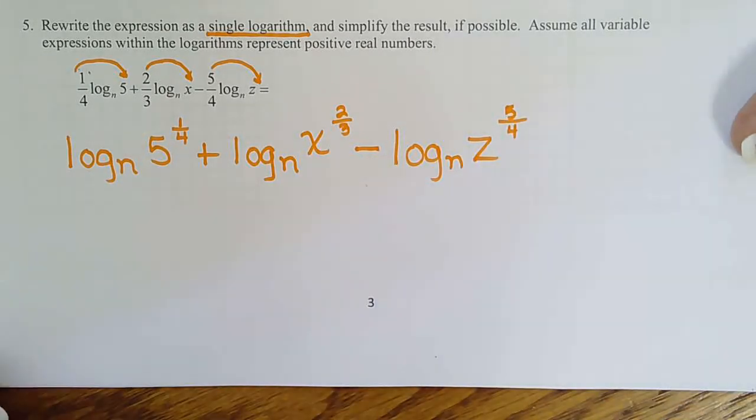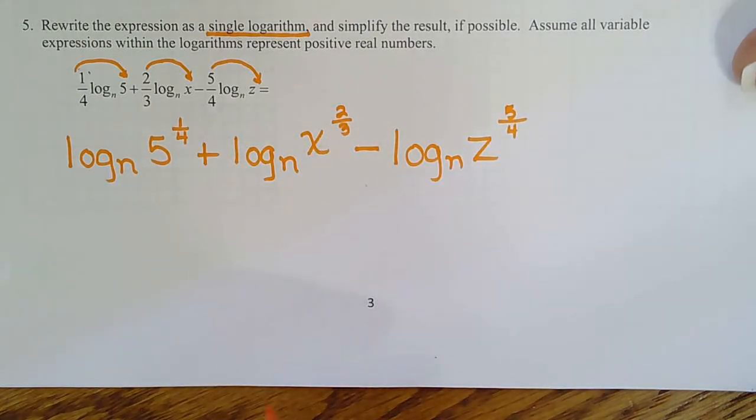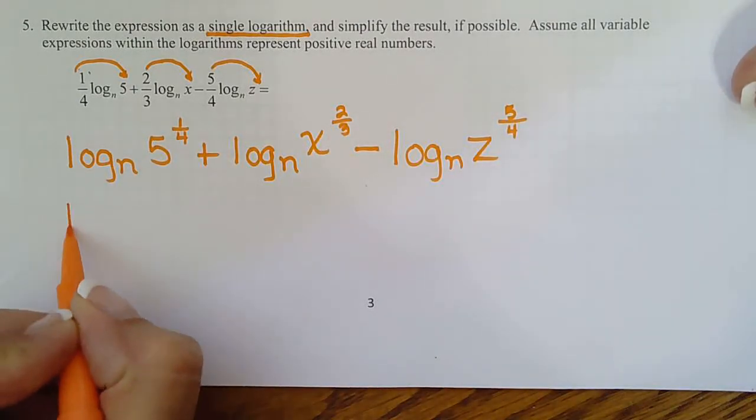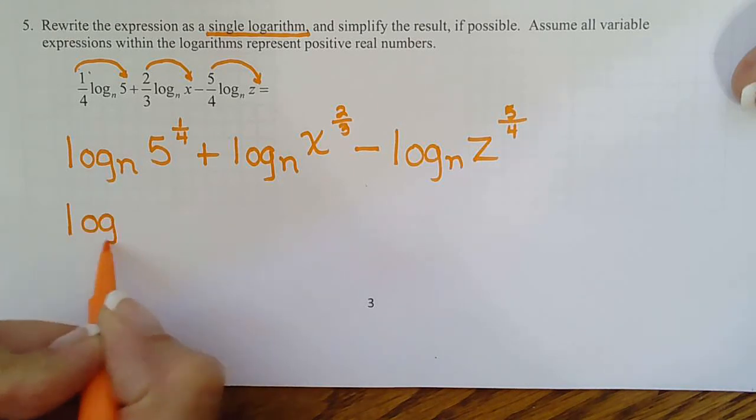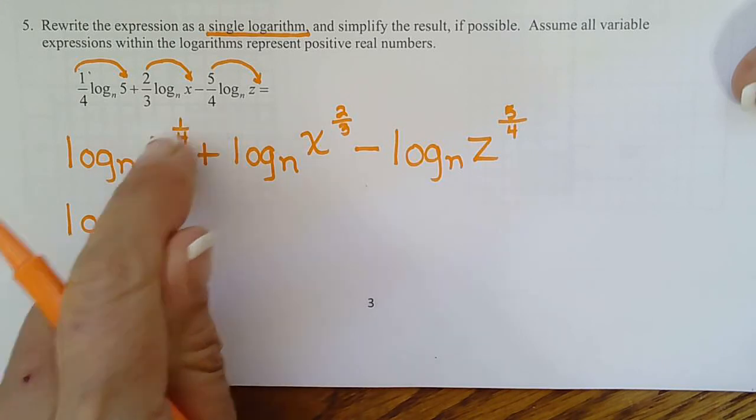So first we do the power rule. Any powers that are fractions get turned into radicals. And notice all the powers are fractions, so we're going to have 3 different radicals here. So this is going to be log base n. And remember, the numerator is 5's power, so it's 5 to the 1st.